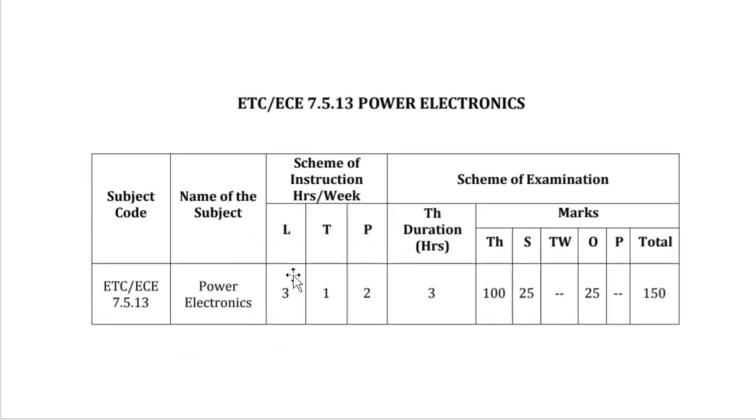Fine. Now you all just have 3 lectures for power electronic circuits. Your assessment is of 100 marks. You'll have a 100 marks theory paper, and internals you'll have 25 marks. So assessment is 100 plus 25, and you're having 3 lectures per week.